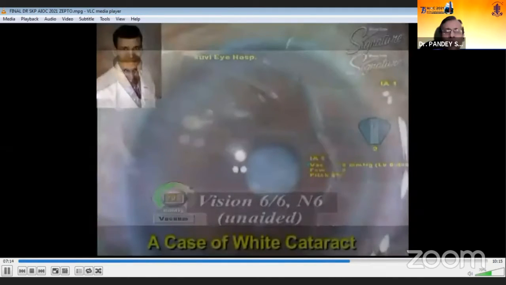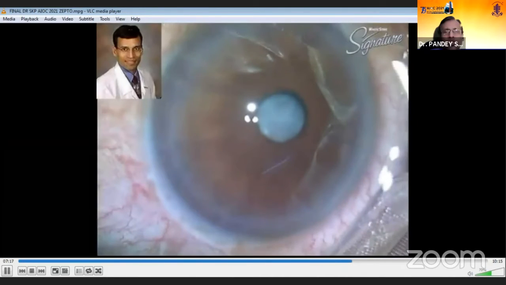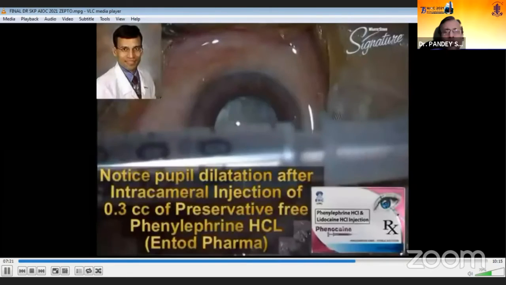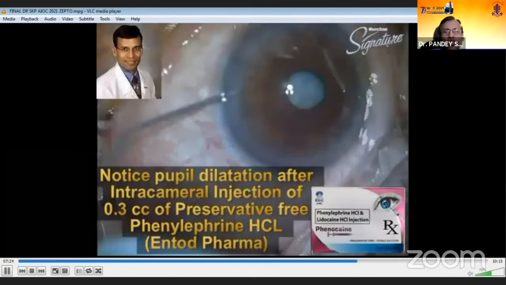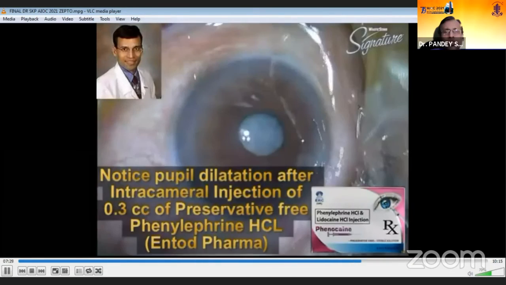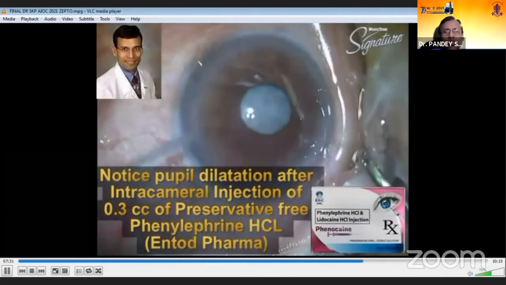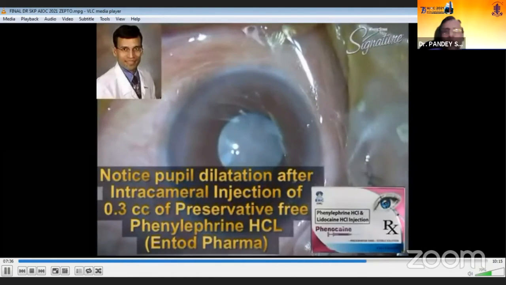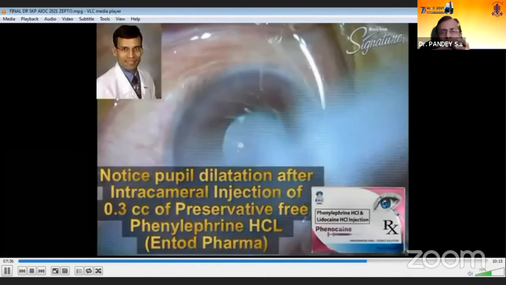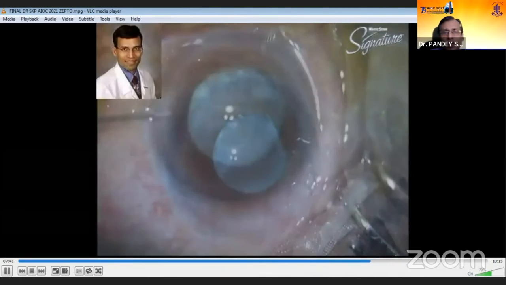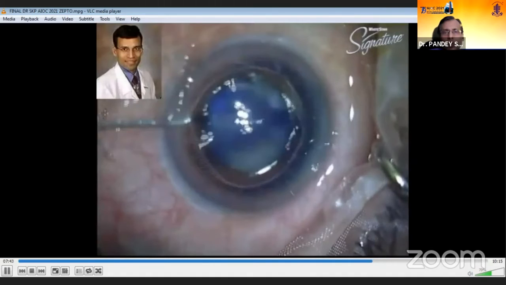This is another case of white cataract, and we used the intracameral injection of phenocaine, which is preservative-free, phenylephrine, and lignocaine, manufactured by some Indian pharmaceutical companies. Notice that the pupil started dilating after intracameral injection of the phenocaine.